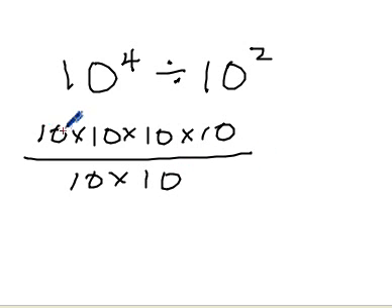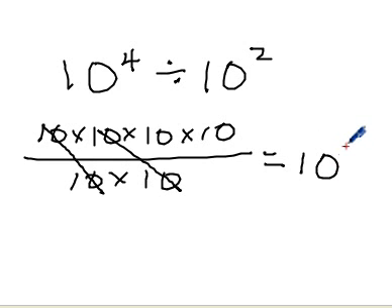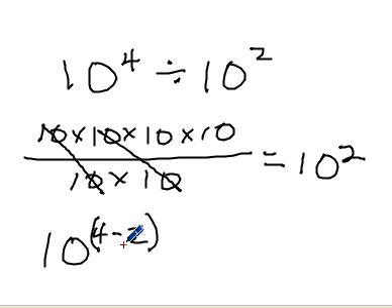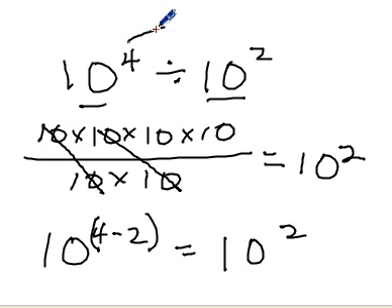Again, we can cancel out some of these, which would just be equal to 1, and you're left with 10 times 10, which is the same as 10 squared. So when we look at our original expression, 10 to the 4th divided by 10 to the 2nd, we can just go 10 to the 4th subtract 2, 10 squared. So the shortcut is, when you're dividing exponents with the same base, you can just subtract the exponents.